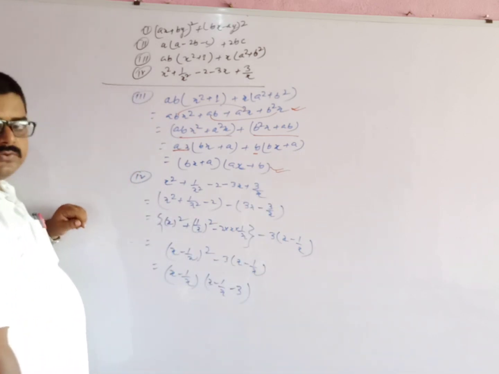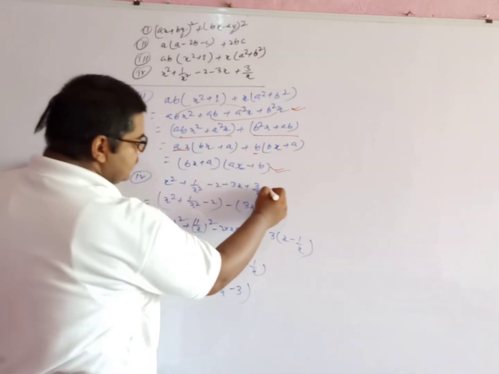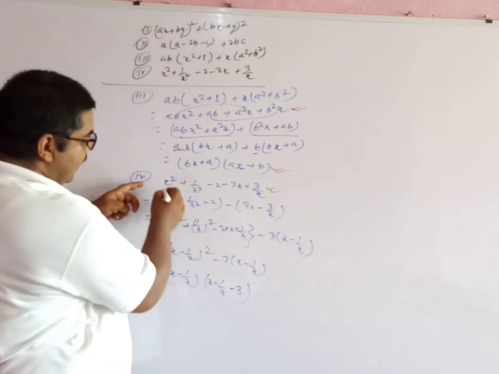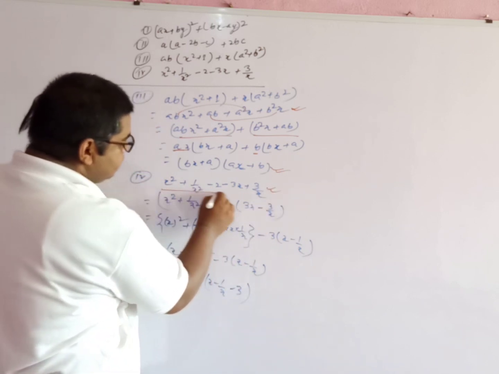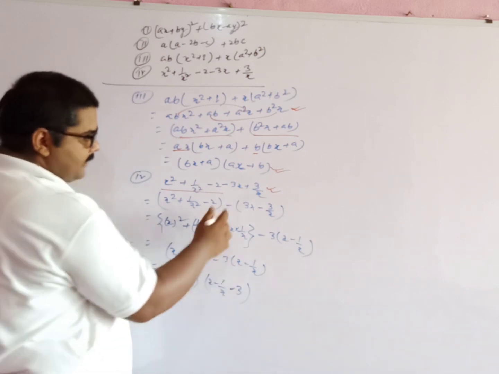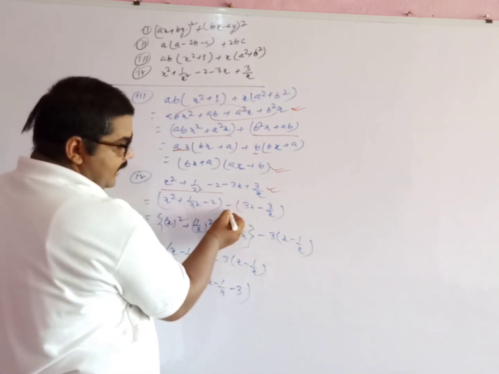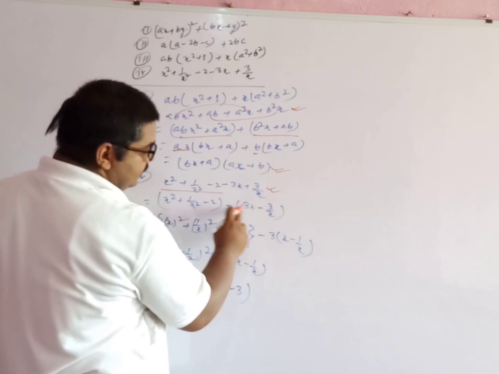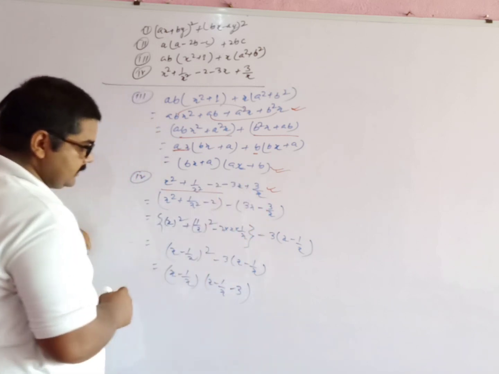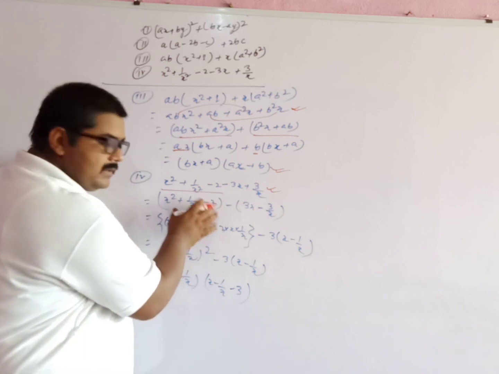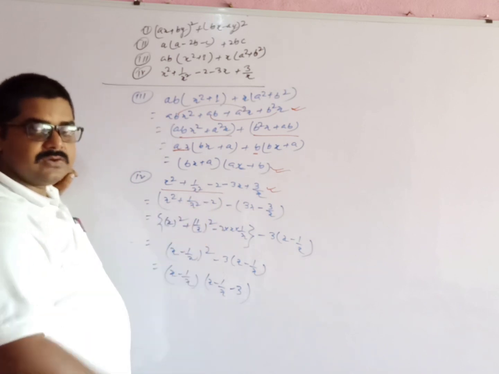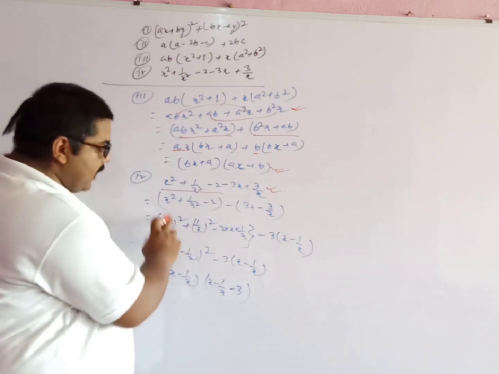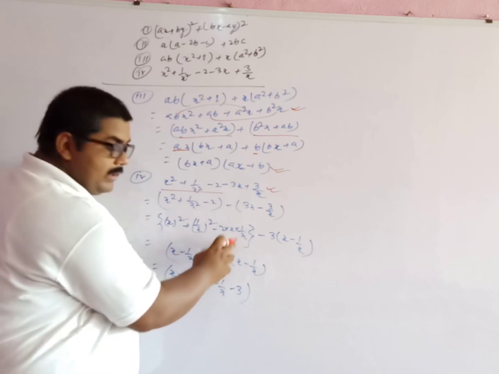In the fourth and last question, you can see that this is the question, and in this question I have made a group of up to 3 terms, and after that minus has been taken, and when the minus has been taken, then 3x, because here is the minus sign, because minus plus in this case, and it has been rearranged on the basis of the formula a square plus b square minus 2ab.